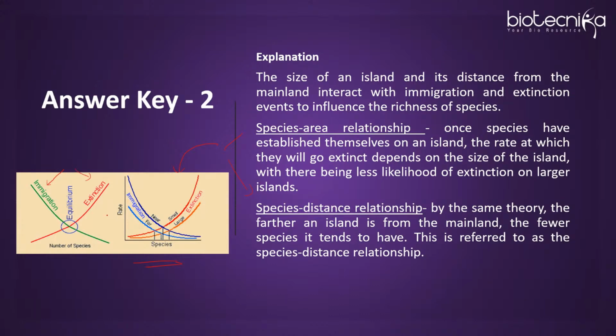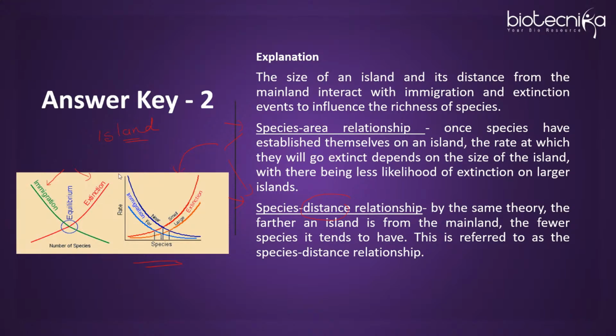And then the area of the island, and the distance of the island, whether that island is lying closer to the mainland or farther from the mainland. Here, island refers to any ecosystem which has been isolated.